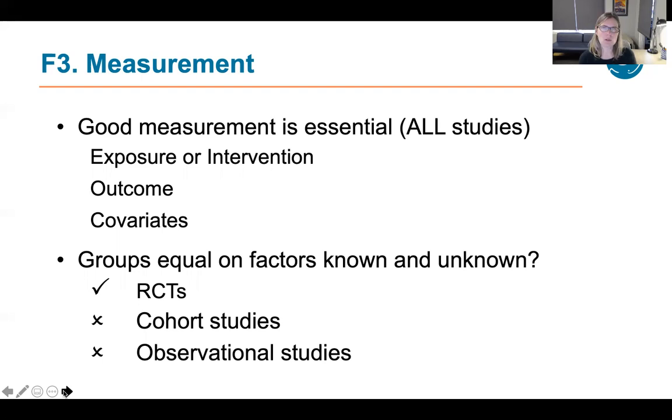In randomized clinical trials, because we've randomized people, we're pretty confident, and we can look at our Table 1 to make sure that on other factors that matter, the two groups are similar. But with cohort studies, we're not deciding that people are in one group or the other. So it's more challenging and potentially problematic when we don't know whether other factors are similar between the two groups.